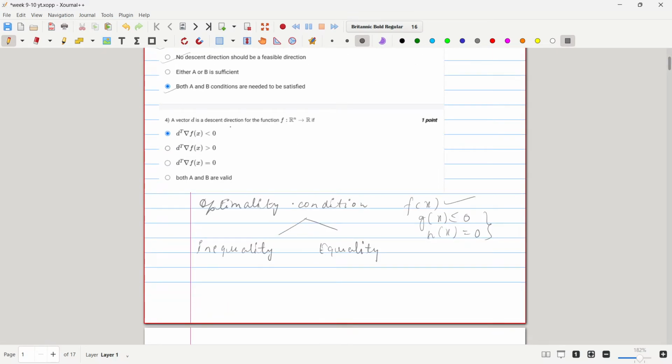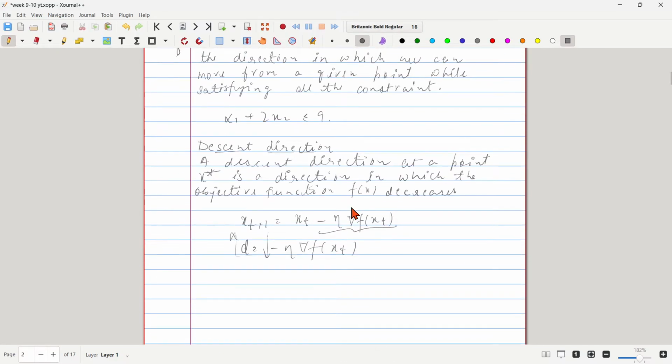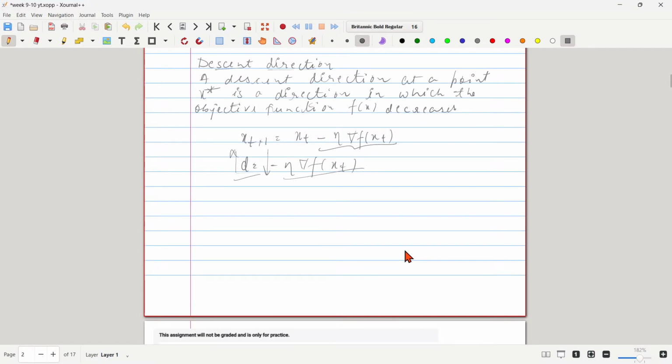And a vector d is a descent direction for the function f if d transpose gradient of f(x) is less than or equal to 0. Okay, this you have already seen here, as d is the negative of the gradient of f(x), which causes f(x) to decrease.